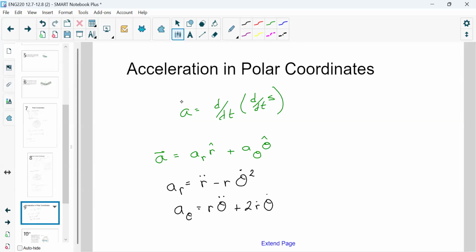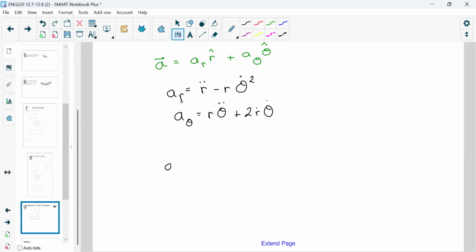The way it's written looks confusing, it looks like it's just representing the acceleration of the R vector, like a combination of both of those two. Once again, our acceleration is then gonna be the square root of a sub r squared plus a sub theta squared.